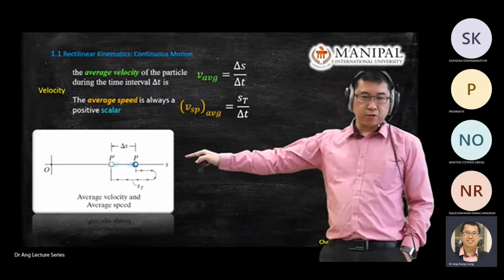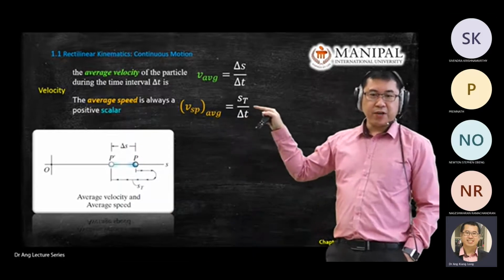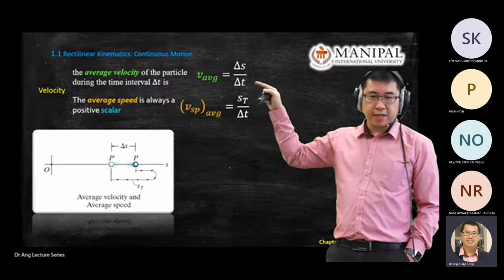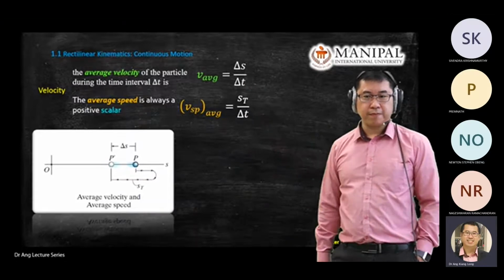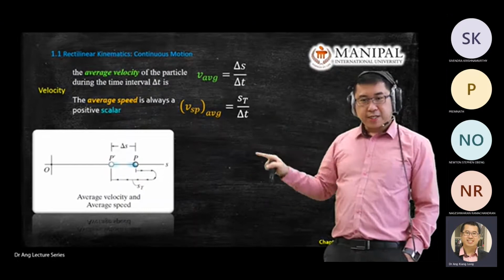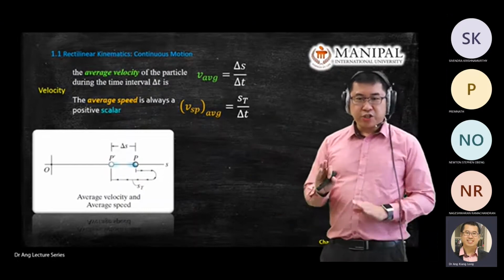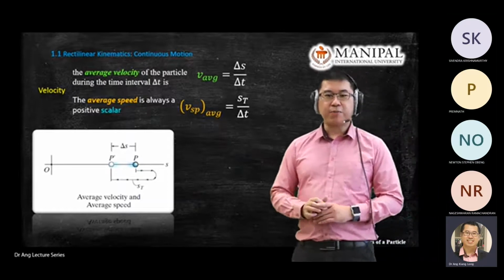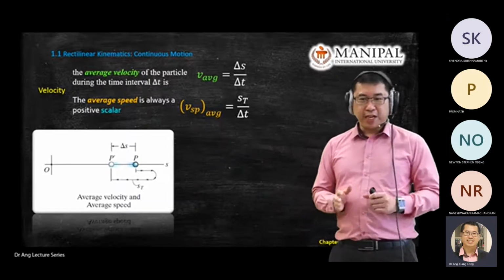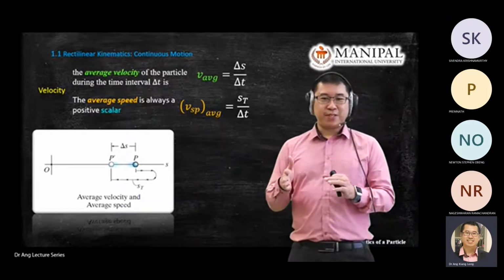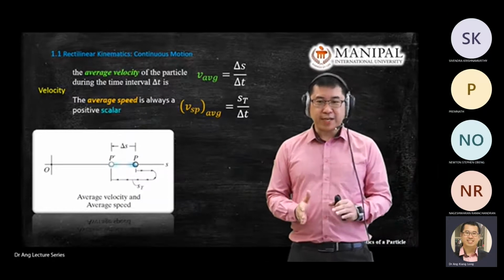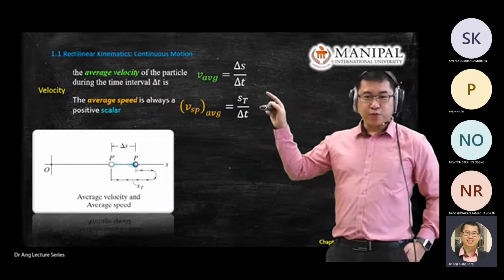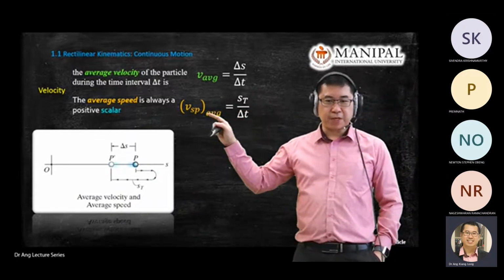So, according to this diagram, the value that you calculate for average speed will be bigger than the average velocity. Again, from these slides, you can differentiate between velocity and speed. I hope you can differentiate from today onwards, especially when it comes to engineering dynamics questions. Be careful when you mention velocity and speed.